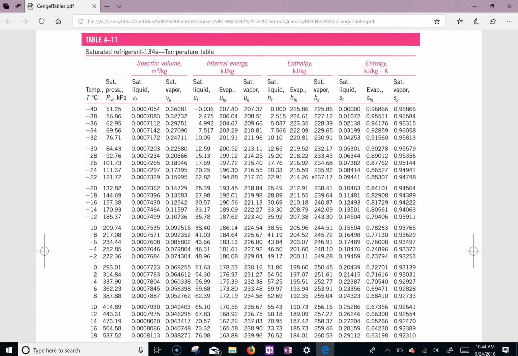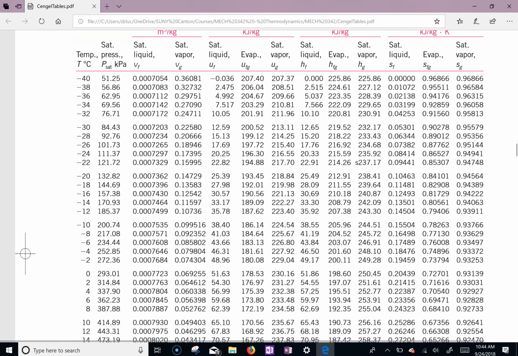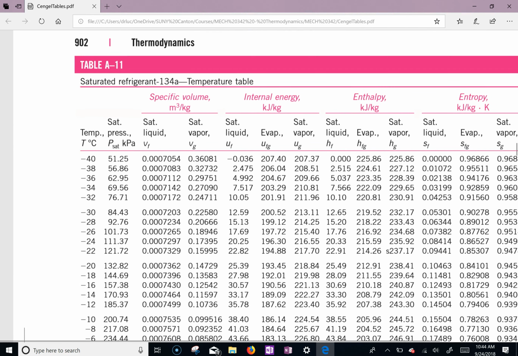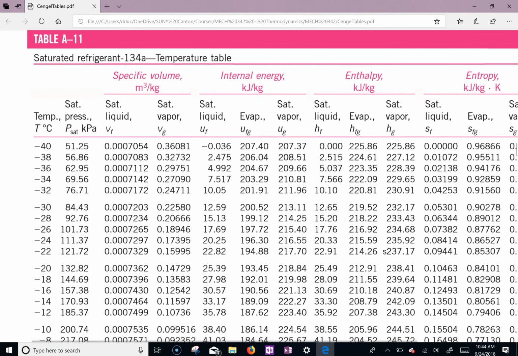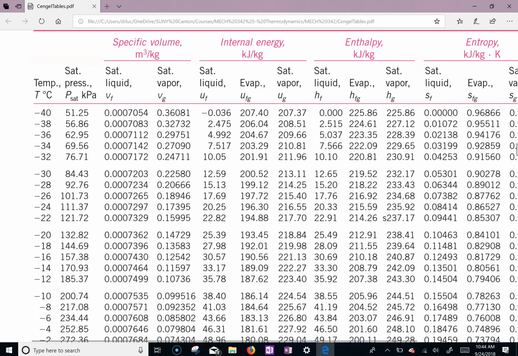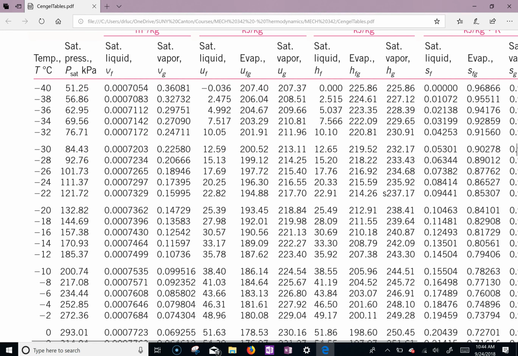So we're doing refrigerant 134. And what was the temperature? -12. So let me zoom right into this. We're down here. I'll go up a little bit. So minus 12, and the pressure is 185, the saturation pressure right here.